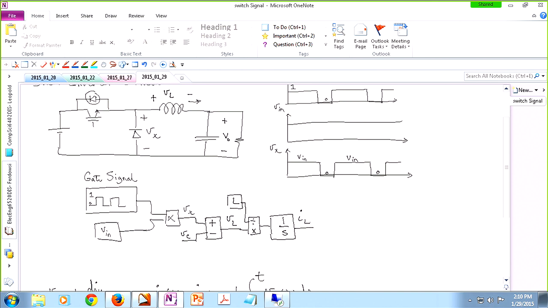All right, okay. So now we have managed to basically synthesize or come up with IL, which is this signal over here. Now we have to actually focus on the output side of the topology, the capacitor, the resistor, things like that. So again, hypothetically, assume that we have a current waveform over here.